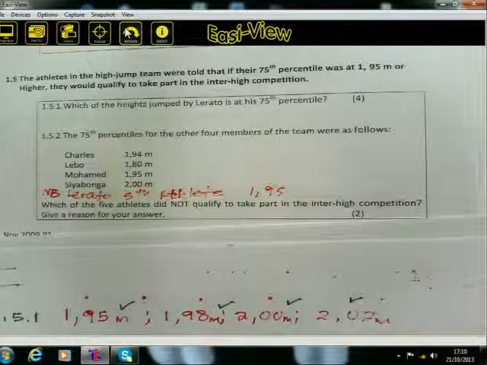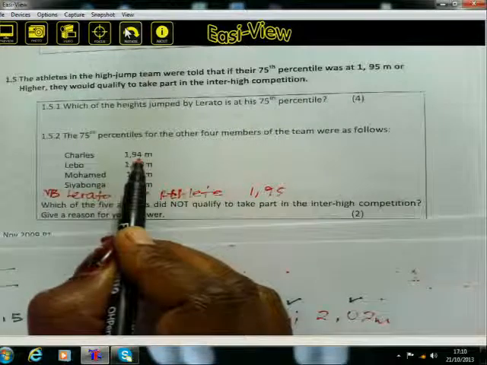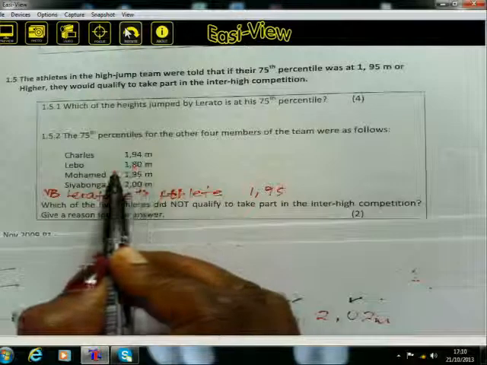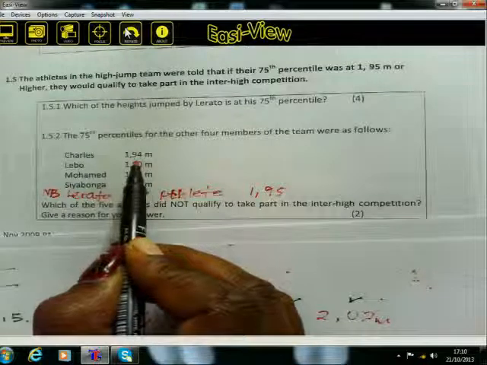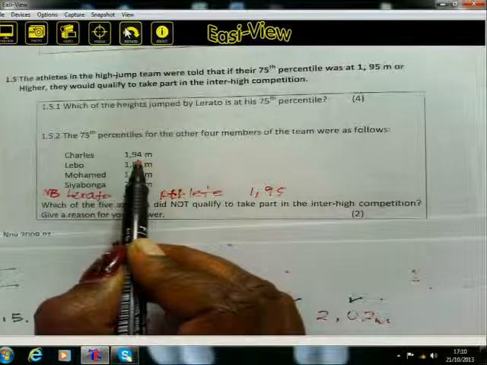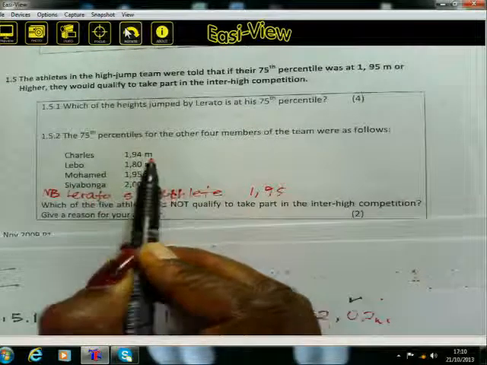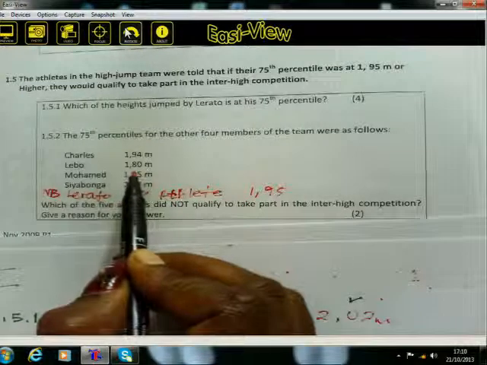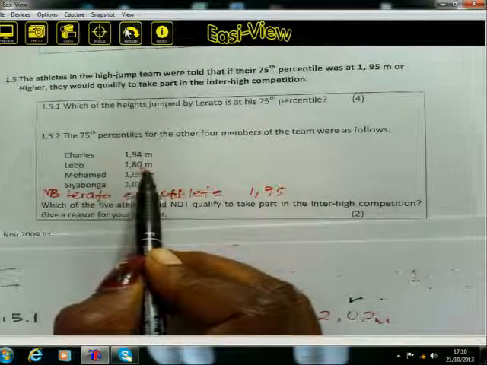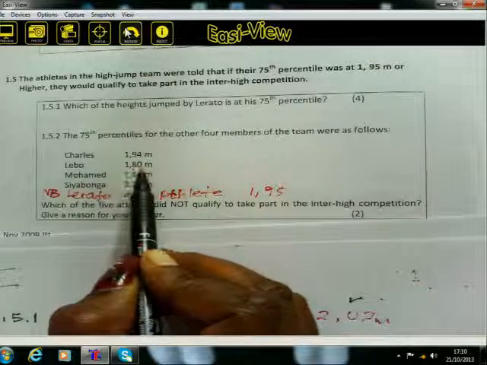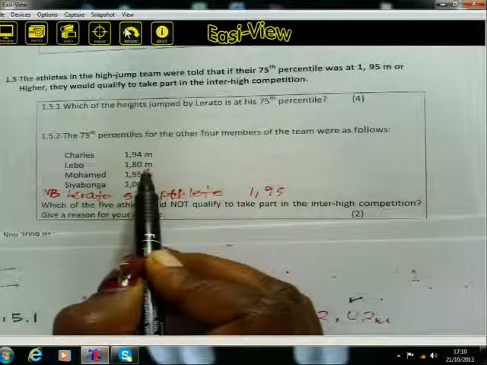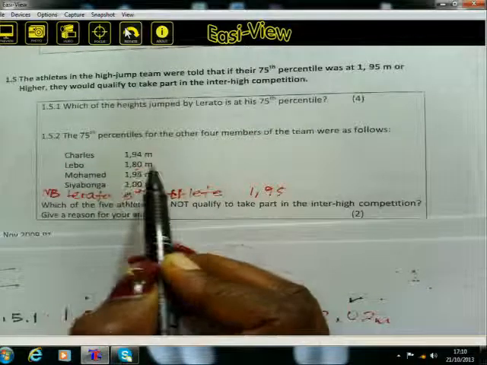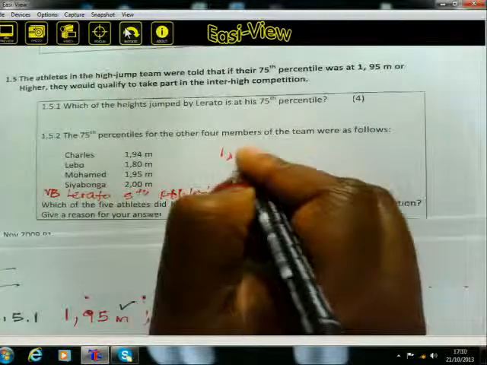The first athlete was at 1,94 meter. It means that is below 1,95. Charles will be disqualified. Lebu, he is at what? 1,80 meter. Meaning Lebu will also be disqualified because he is below 1,95.